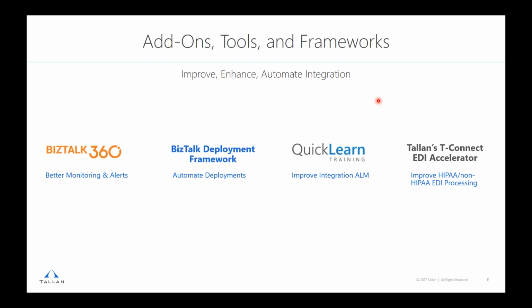It does require quite a bit of setup in the beginning. Once you have it set up, it just makes your life so much easier. And this is really about automating deployments, managing your bindings file between your different landscapes, whether it's development and production and everything in between. That could be staging, UAT, test.